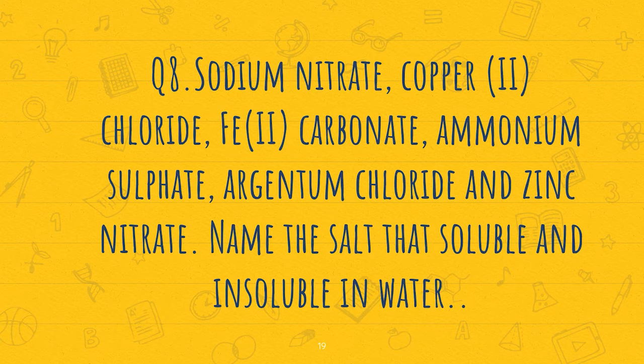Move on to the next question, question 8. We have sodium nitrate, copper chloride, ferrum carbonate, ammonium sulfate, argentum chloride, and zinc nitrate. Name the salts that are soluble and insoluble in water.